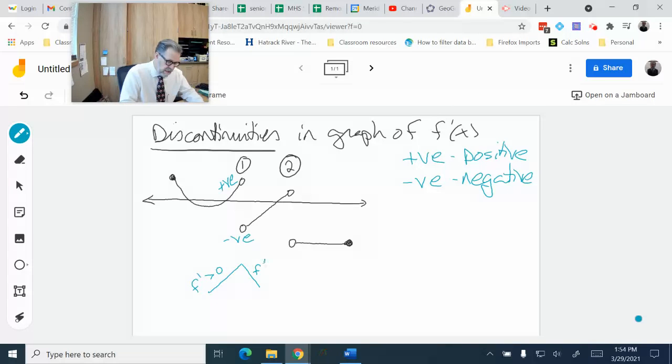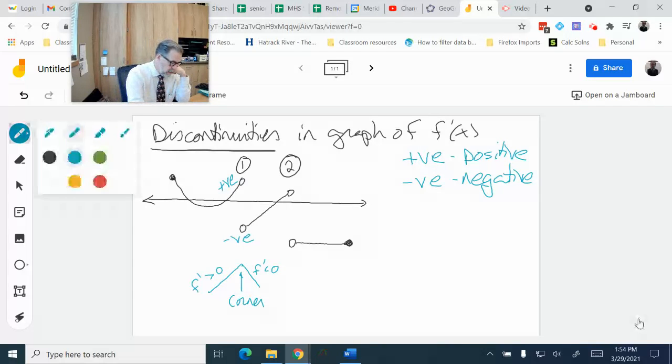And here's a negative slope, f prime less than 0. It can't be a maximum because there's no critical point there. You can't take the derivative at that point and say, oh, look, the derivative is equal to 0. So it can't be a smooth curve. It's got to be a corner right there.